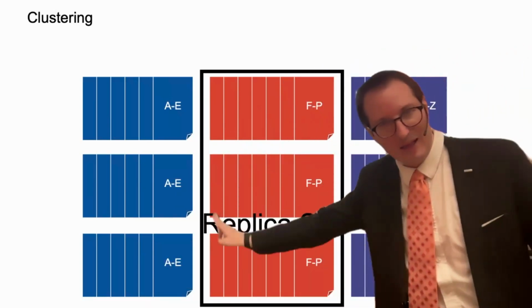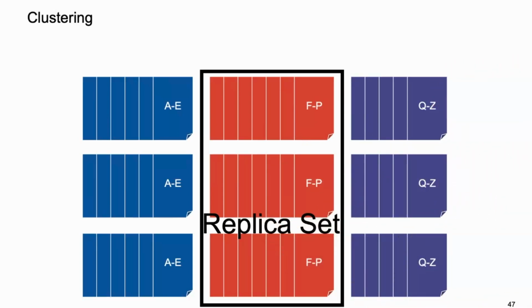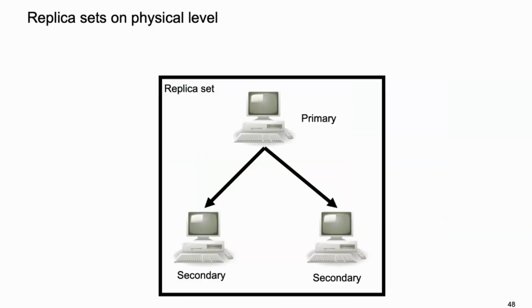Every partition like this is going to be handled by a few machines that we call a replica set, a set of replicas, replica sets. And here the architecture is a bit different from what we've seen before, right? We don't have a single coordinator node and all these worker nodes. In fact, we have, for each replica set, a few machines like this, right?